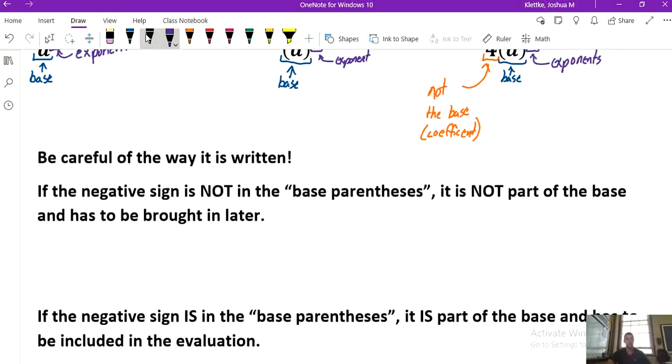So if we see something similar to negative 3 squared, the negative sign is not part of the base because the base is only what's directly next to the exponent. So only 3 is the base in that one. The negative sign would have to be brought in later.